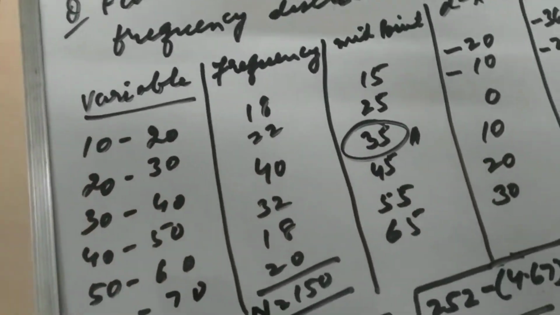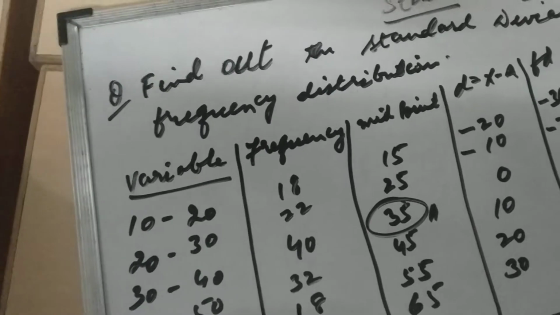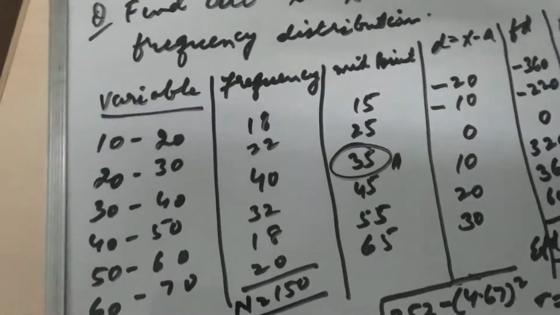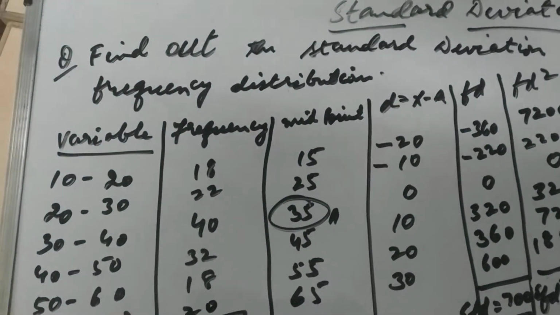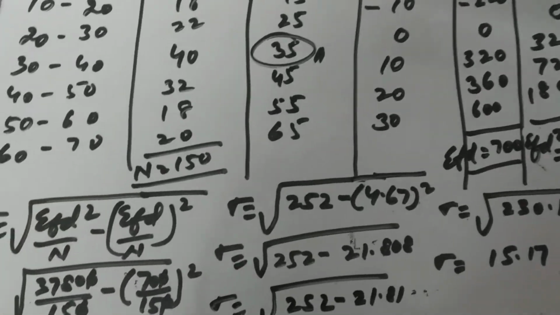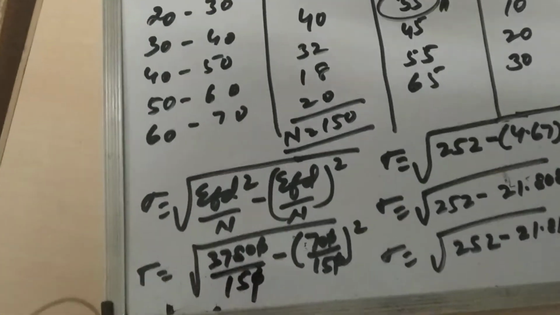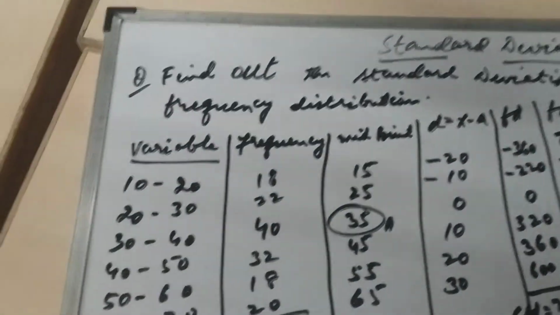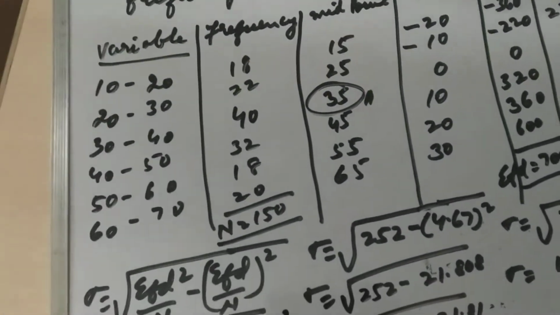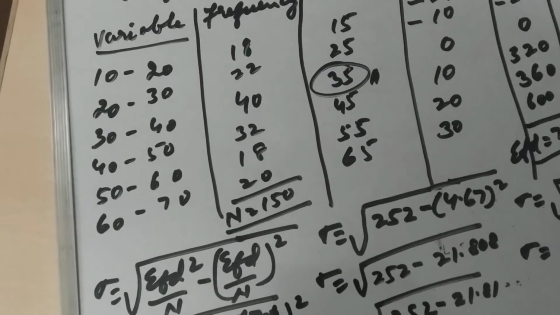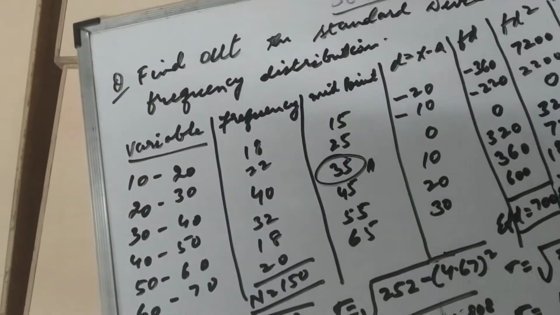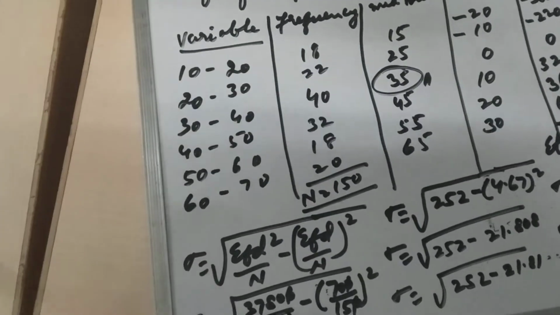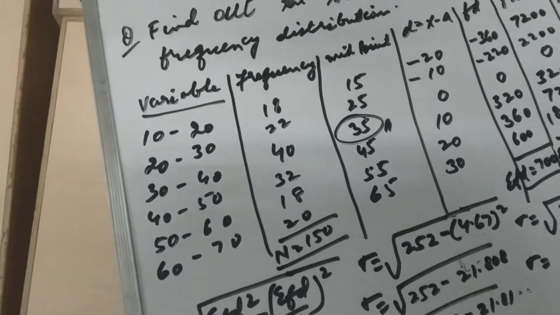There are several formulae that we have as far as calculation of standard deviation is concerned, right? But I am taking up the direct method or shortcut method that we use for this purpose. So I am utilizing it so that it becomes a uniform kind of thing that you all should adhere to.